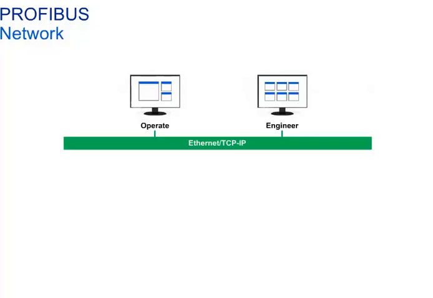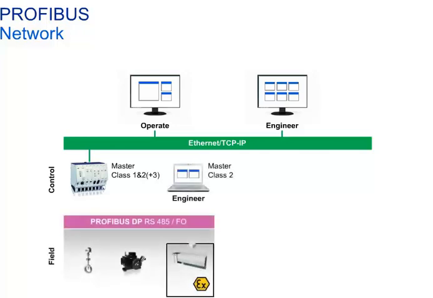A typical Profibus network in a plant has the following topology. At the control system level, between the operator and engineering stations and the controller, there is the Ethernet TCP/IP quasi-standard protocol. A Profibus DP master card is installed in the controller. The Profibus network always starts with the Profibus DP protocol.